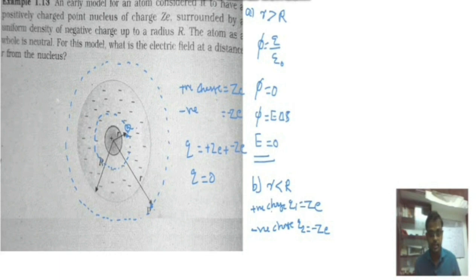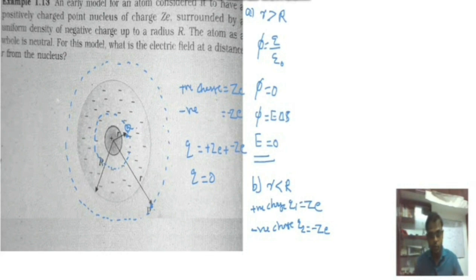This minus Ze is for the actual volume of the atom, and we are not taking the actual volume, we are taking the point Q which is inside. That means we cannot take the total negative charge as minus Ze. Only a few negative charges we are taking.